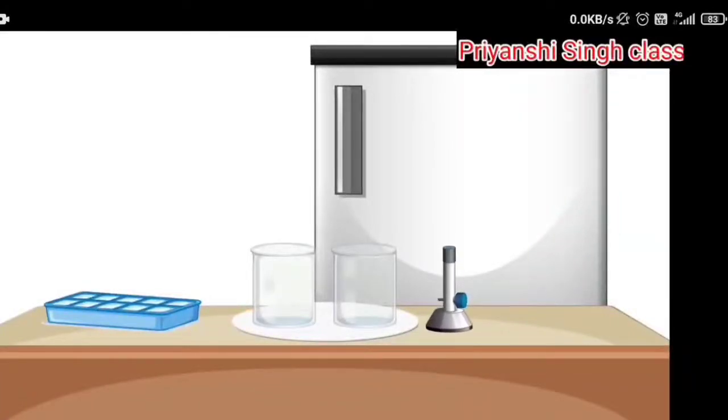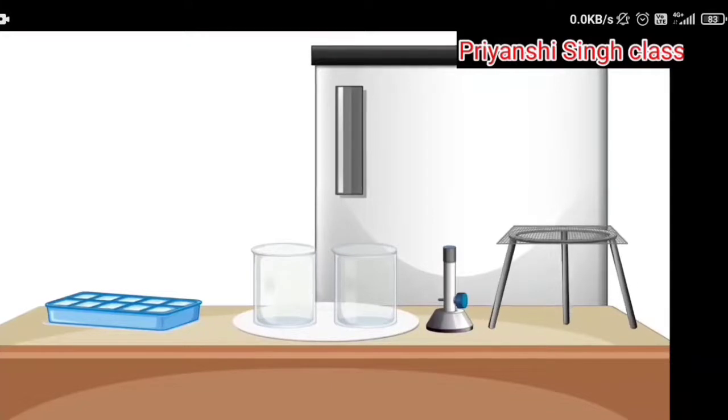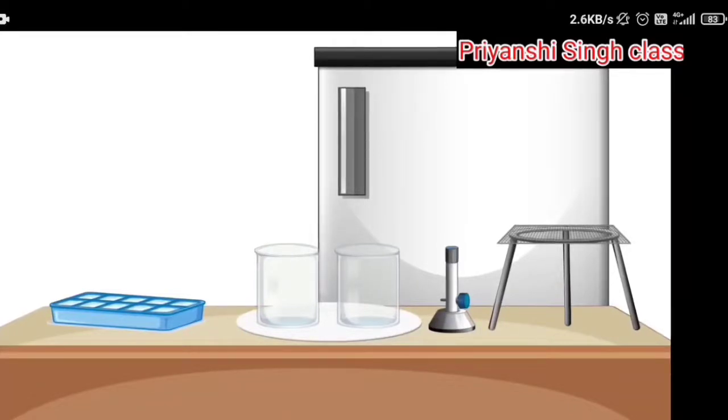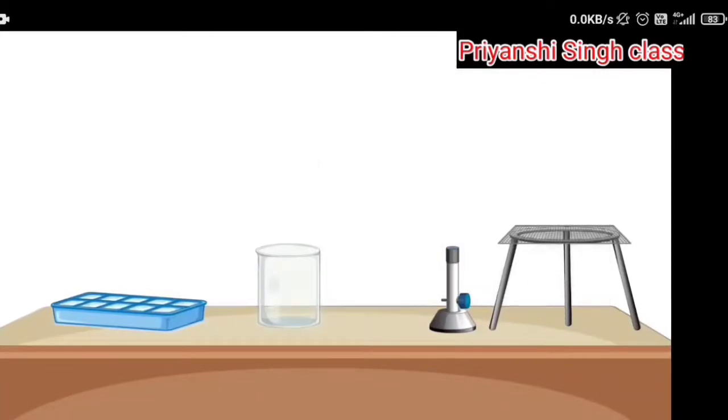For this activity, we will need some solid ice, beakers, burner, tripod stand and one freezer. So first we will set up the tripod stand and the burner, from where we will heat the ice and we will observe what will happen.